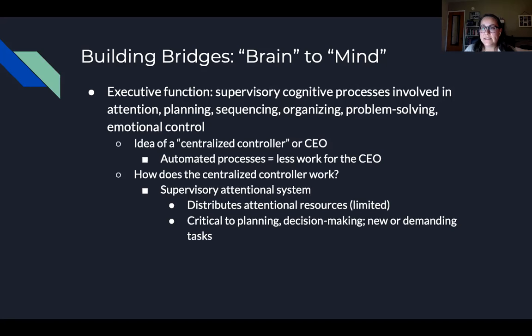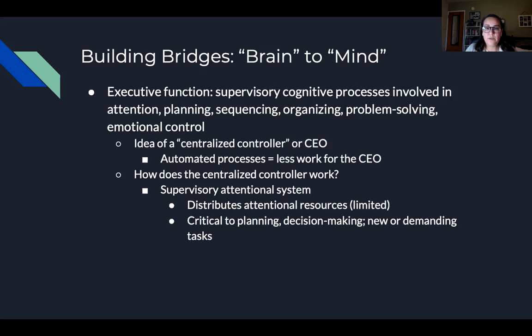We don't have unlimited, all-access attention that we can use in our world. It's really limited, and so we have to be mindful with how we distribute the mental energy and the mental resources to support that attention.